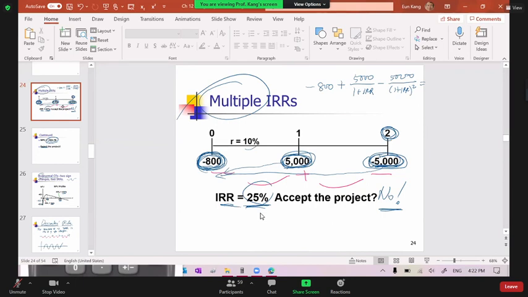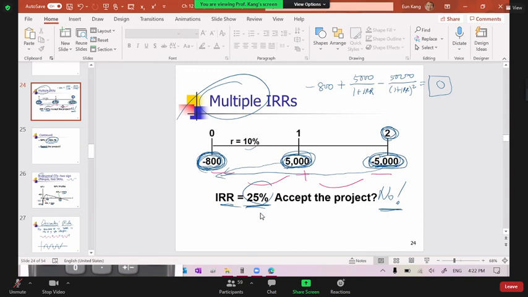Hint: 25%. Your answer is IRR, but finish this formula. NPV. What is here? 0. Check. IRR definition: IRR is what makes net present value 0, right?